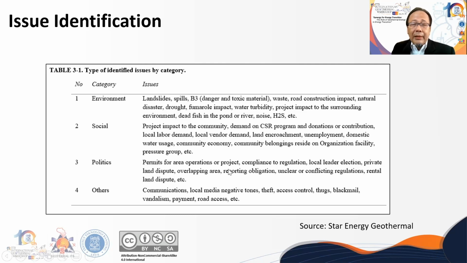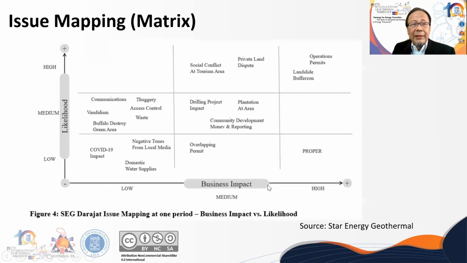The overlapping area and conflicting regulation for the geothermal industry commonly happen in Indonesia. The others are communication, negative tones, theft, which are security issues, the late payment issue, and road access blocked by the community.